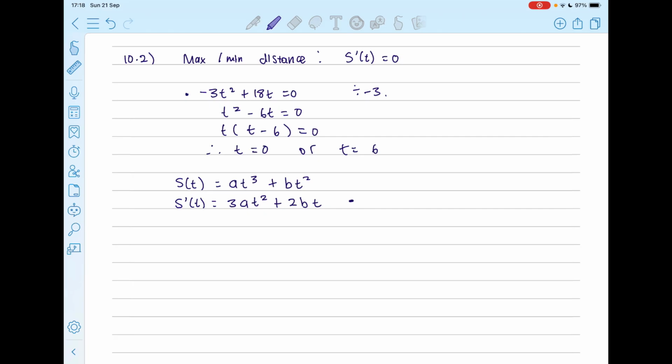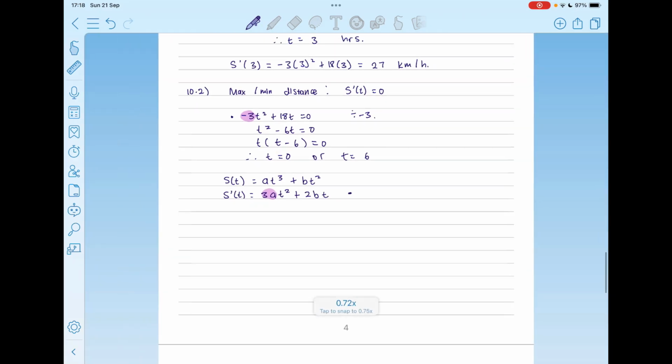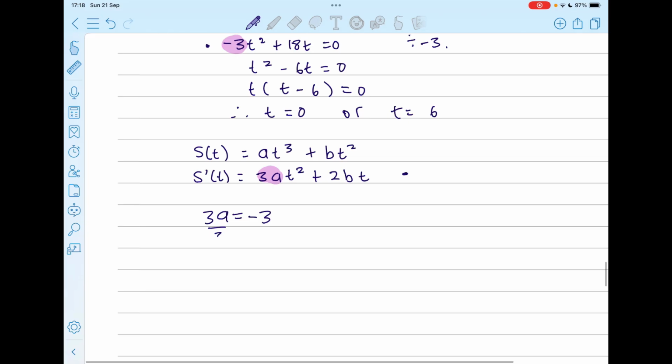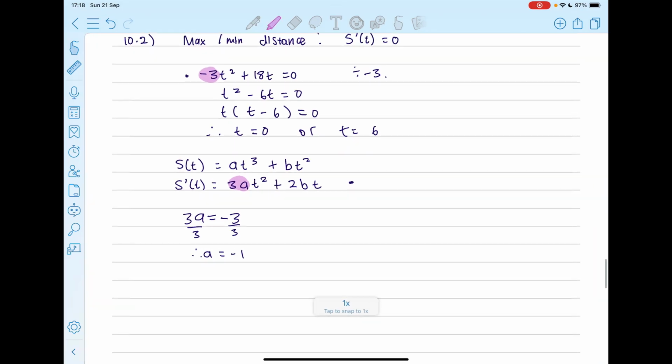So this part matches this part. So therefore, we're just going to say 3a is equal to negative 3. And solving for a, it's negative 1. And then for b, we'll do the same. So this 2b matches the 18.